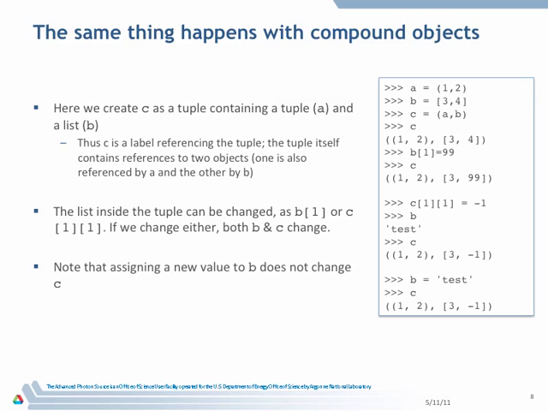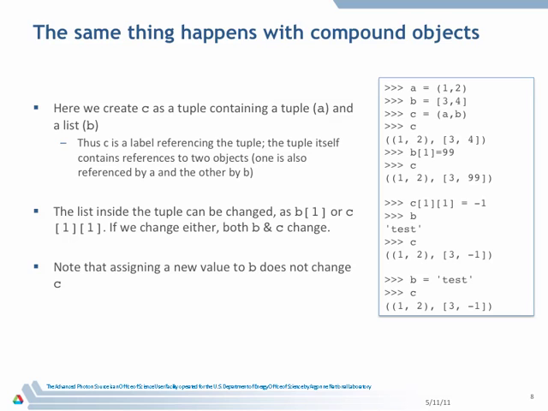Okay, so C contains two items, and the first item is A, second item is B. Okay, I can change B. Okay, and if I change B, C changes. Here I've changed the second element in B, so B is now 3, 99. And when I look at C, there it is, right there.